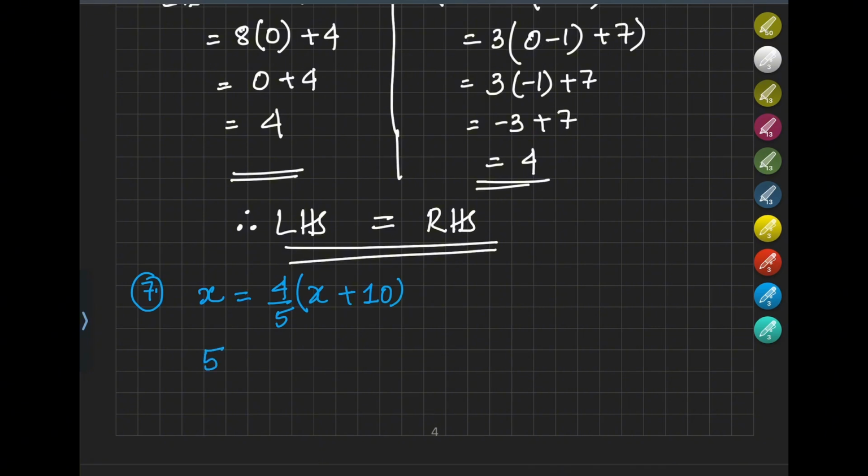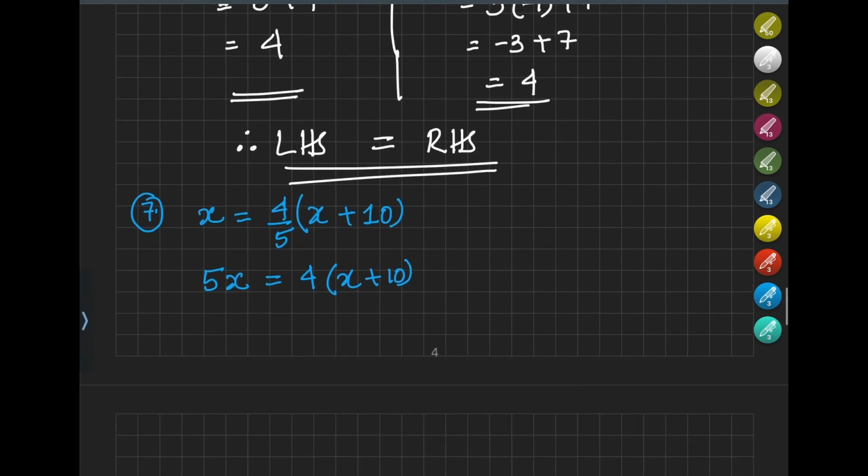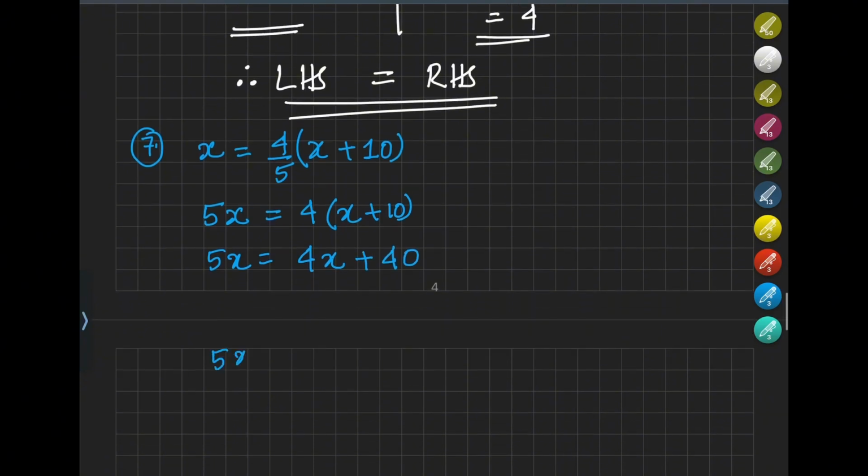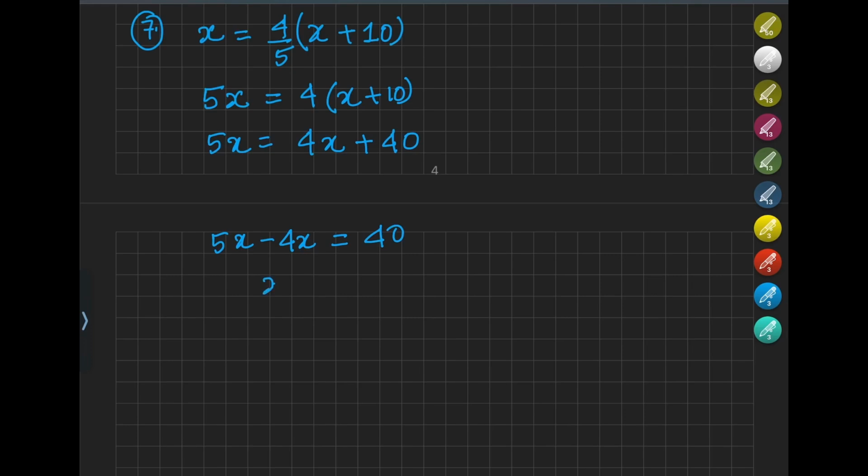Multiply the 5 on the LHS to make it 5x is equal to 4 into x plus 10. So 5x is equal to, open the bracket again, 4x plus 40. So 5x minus 4x is equal to 40. 5 minus 4 is 1, so x is equal to 40.